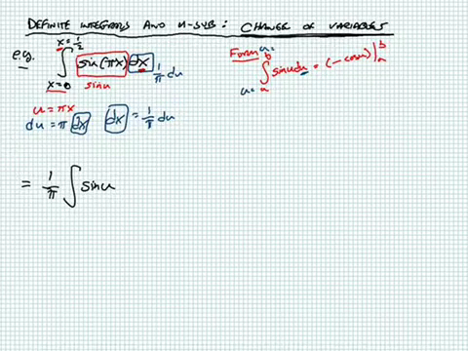Here I've got du, and so I can't put this 0 and 1/2 in here because that doesn't belong to u. So what we have to do is change our variables.